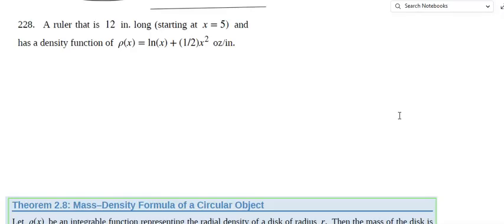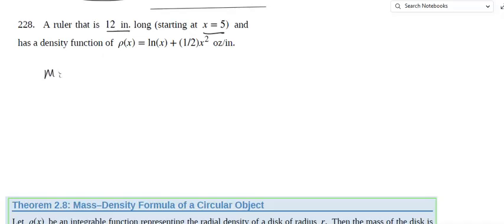Again, a ruler that is 12 inches long starting at 5. This is the variation between using calculus versus non-calculus.